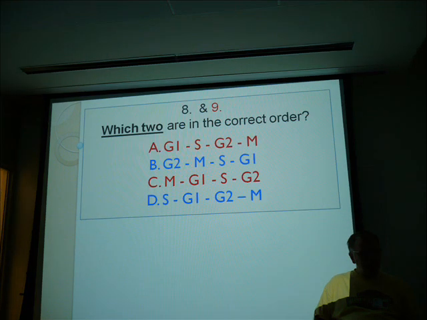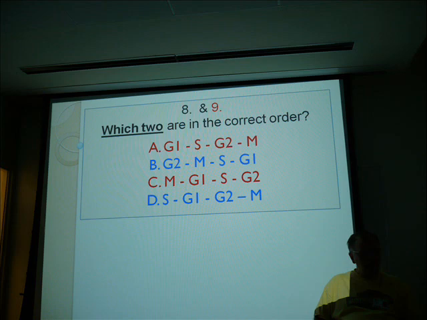The red ones are correct because G1, S, G2, M, or if you put the M over here, you still get the same order. There's no way that mitosis goes straight to synthesis, and no way does synthesis go to G1.